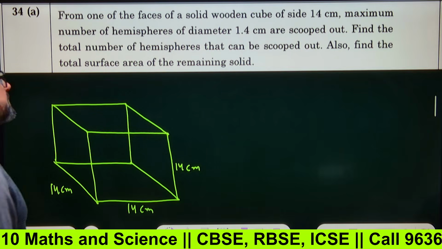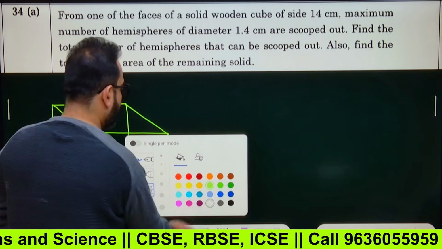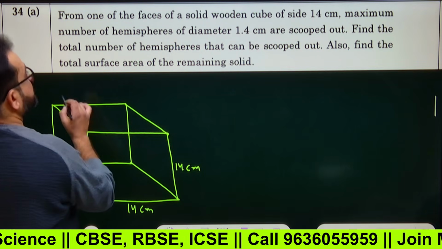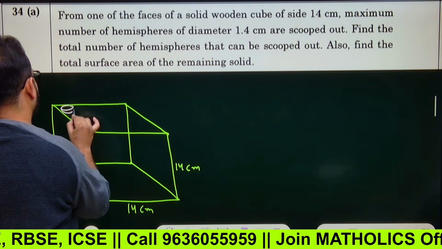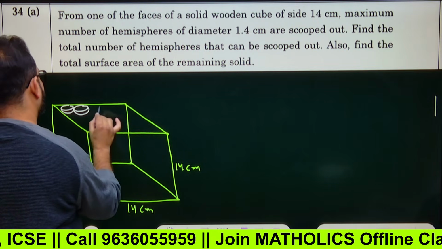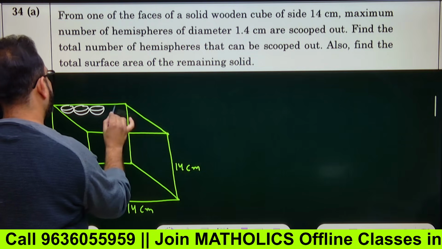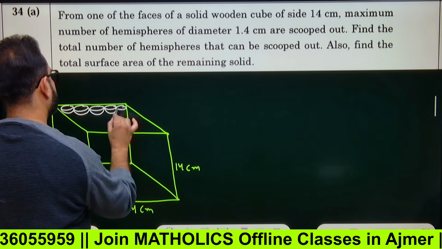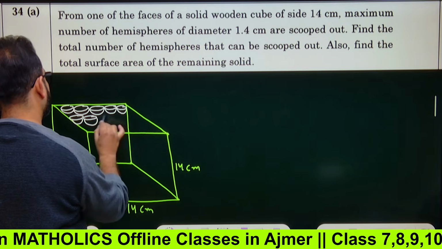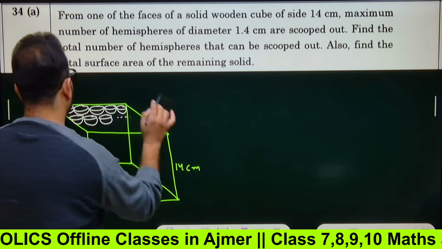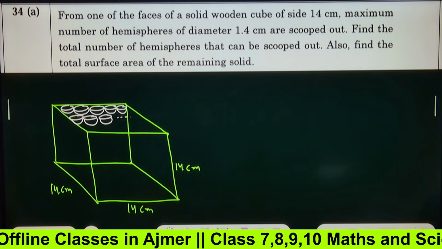Maximum number of hemispheres of diameter 1.4 centimeter are scooped out. Hemisphere means this would be the scene. These white faces are hemispheres, like this they are cutting. We don't know how many hemispheres are there.